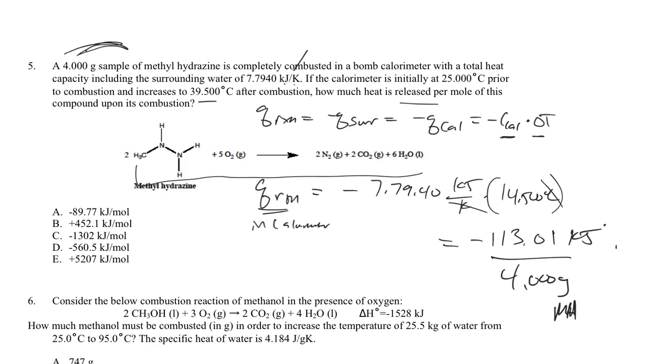I see 2 nitrogens, so 14.01 times 2, plus 6 hydrogens, 6 times 1.008. That gives me negative 1301. So whatever this molar mass is, the number of grams per mole of the methyl hydrazine, that gives me minus 1301 kJ per mole, or call it 13.02 with rounding.